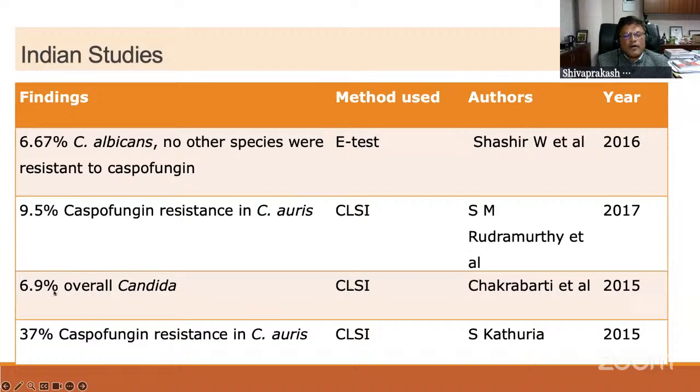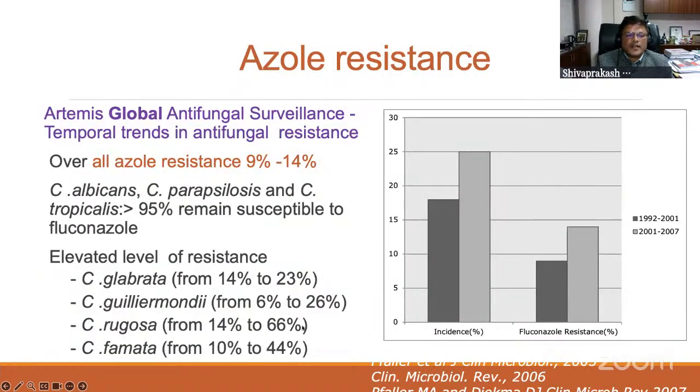On all the Candida, you can see that only 6.9% of them are resistant to echinocandins. Because echinocandin is the drug of choice for Candida, that's why I'm talking about echinocandin resistance. In Candida auris, we could see 9.5% caspofungin resistance, and other studies in India also showed similar resistance.